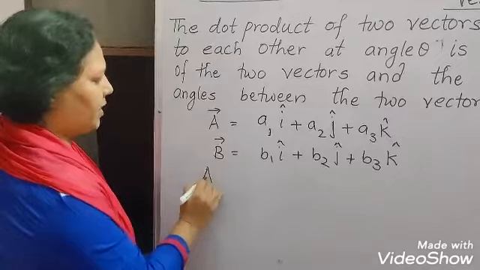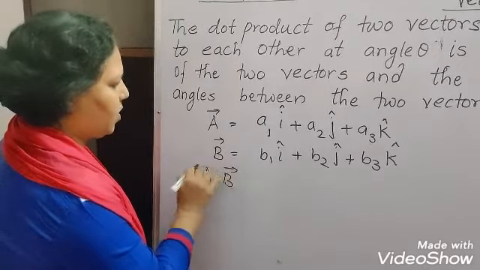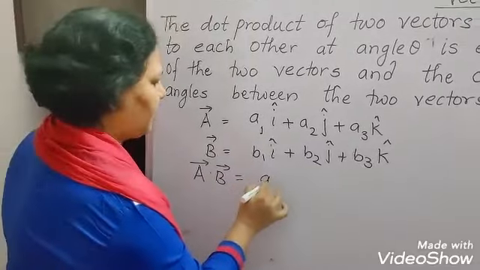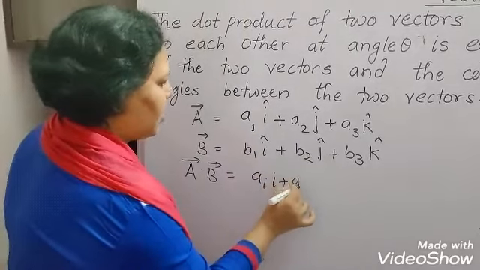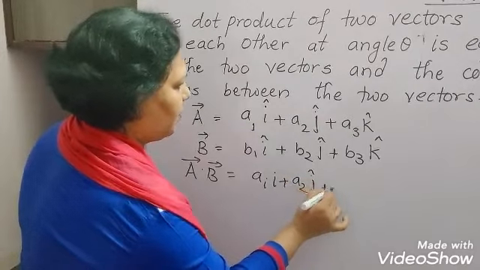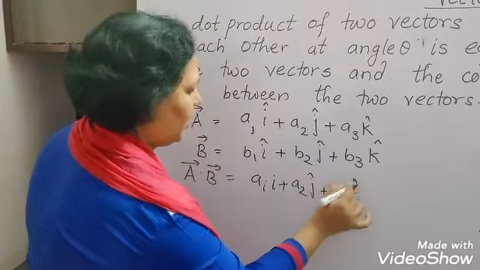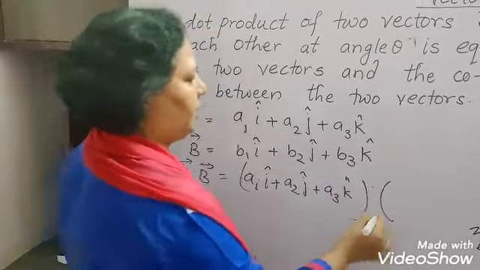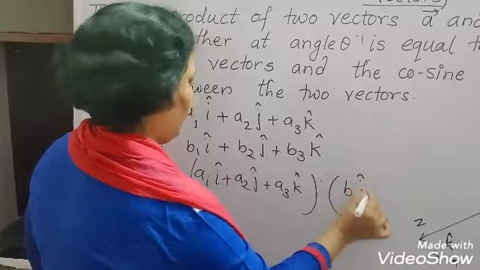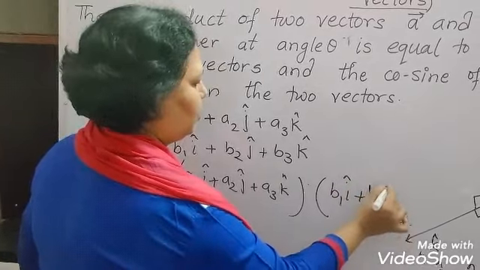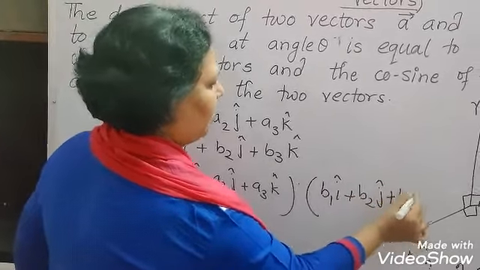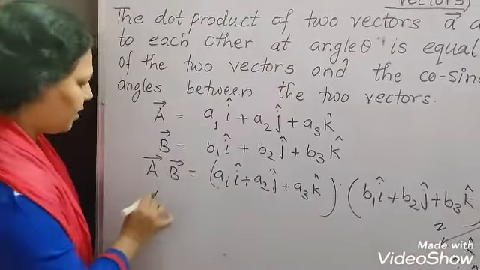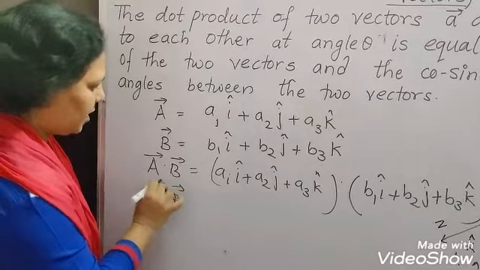Now if we take the dot product of these two, A dot B, what will we get here? We will get A1 i plus A2 j plus A3 k, and the dot product of it is B1 i plus B2 j plus B3 k. Okay, now look here.